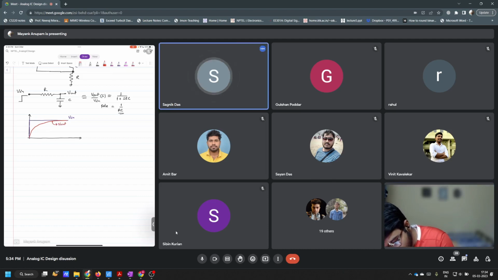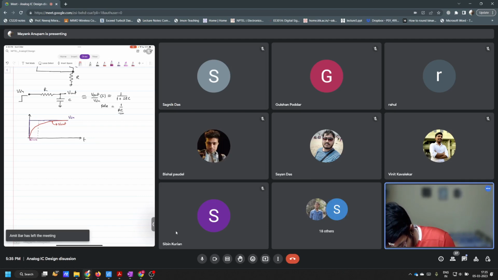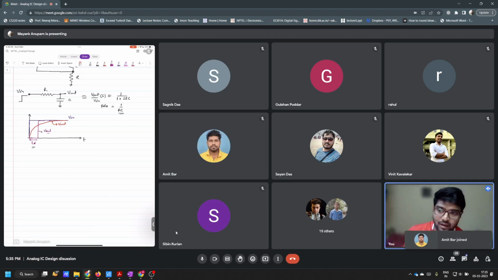So you can see clearly that there is some delay. It is not an ideal delay. What would be an ideal delay? If the system's response goes like this, after some time, if this is TD, then the V out would look something of this kind, then you can say that the system has an ideal delay, right?